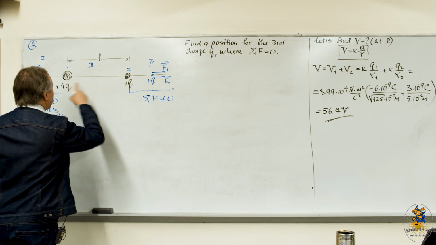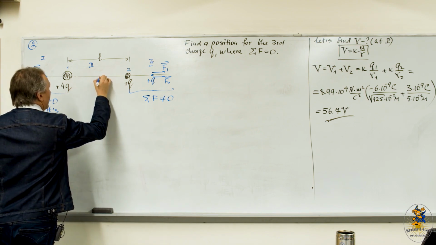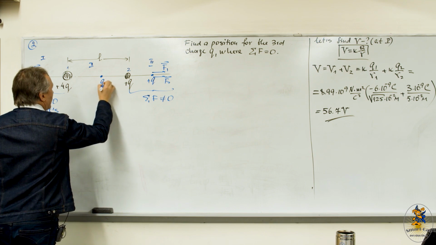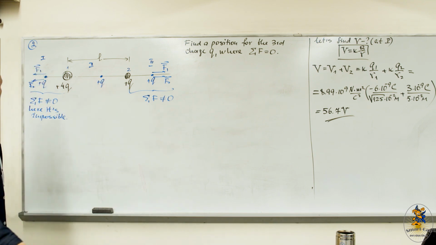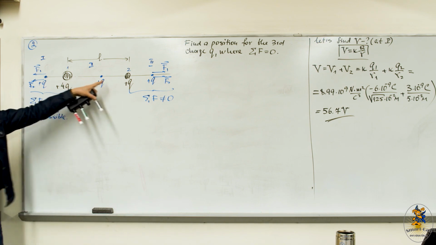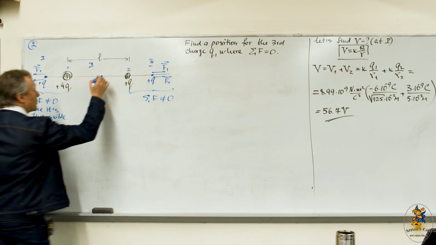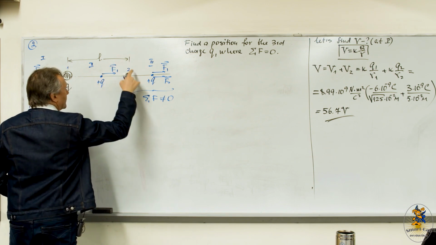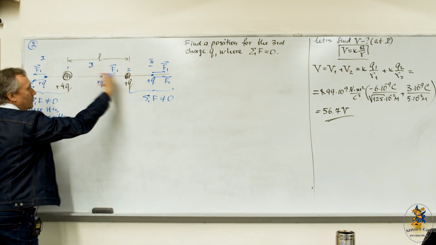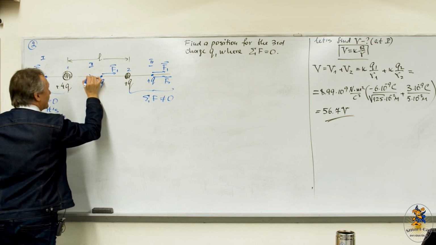So now let's analyze this region, number 2. So what if I position my charge over here? And let's do the same. So this charge is going to repel that charge that way. So this will be F1. And then this charge is going to repel that one. Of course, it's opposite direction.